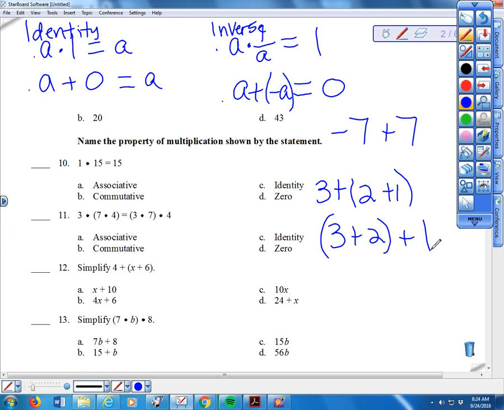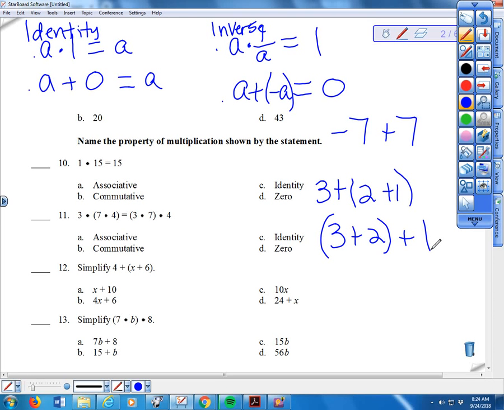When I'm looking at this problem, I would do parentheses first, right? 2 plus 1 is 3 plus 3, 6. Here, 3 plus 2 is 5 plus 1, 6. So the associative property of addition and multiplication basically says it doesn't matter which numbers you add or multiply first, you're going to get the same answer.